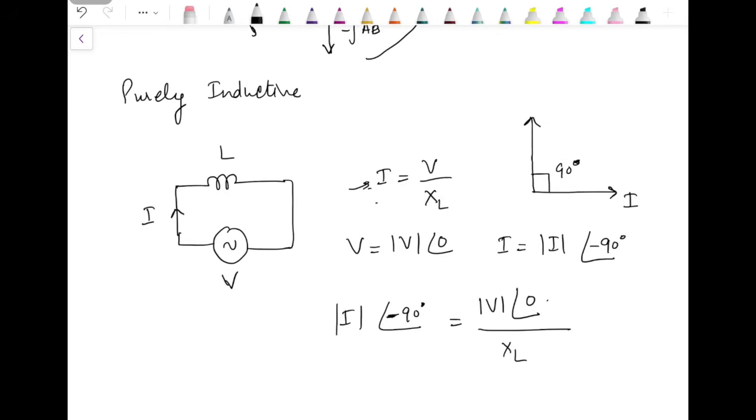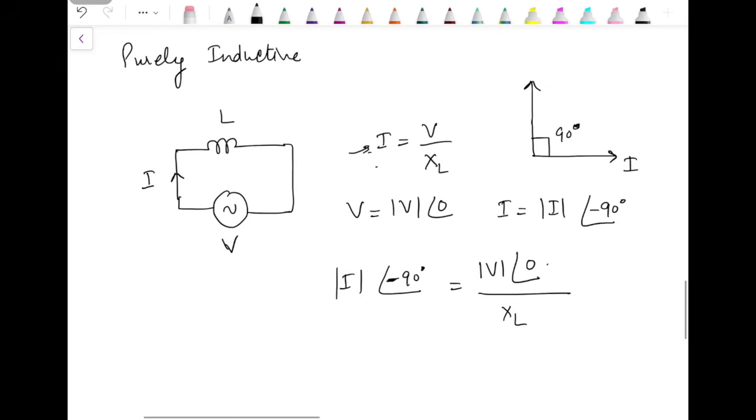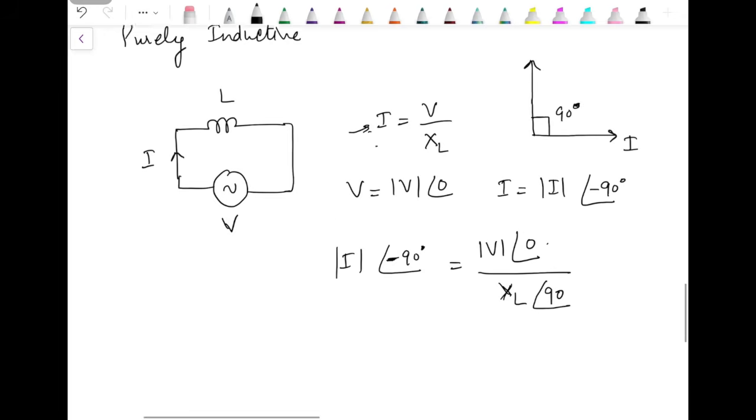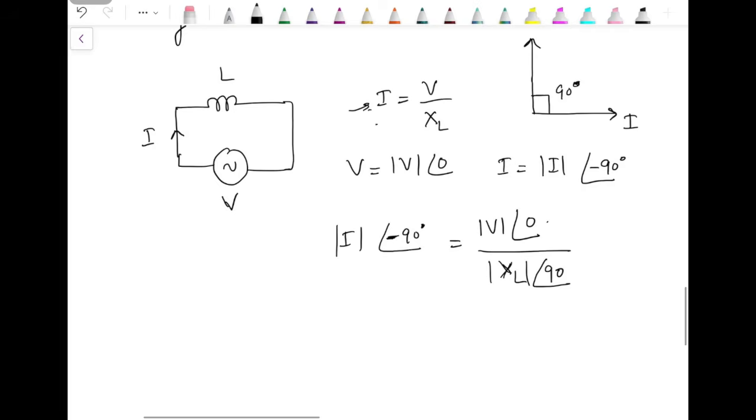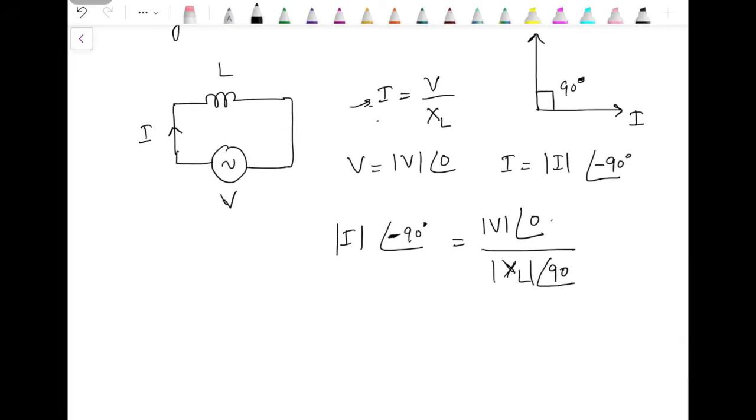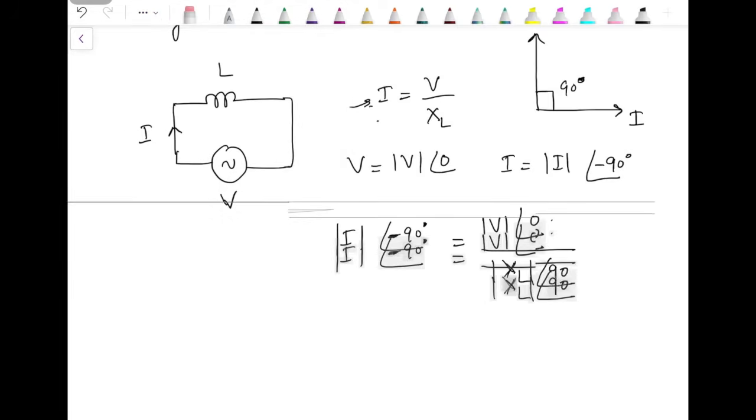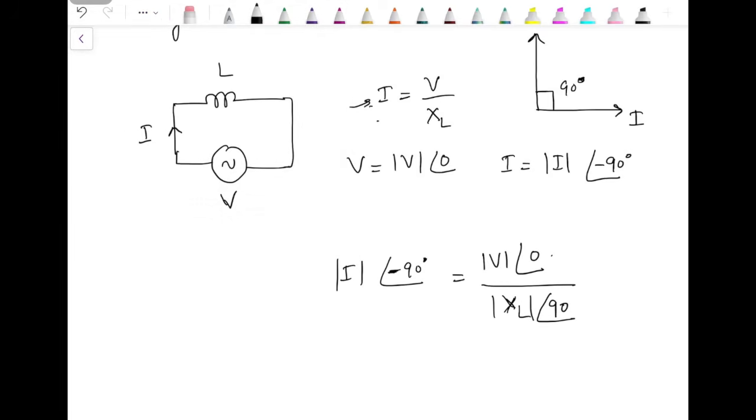From where this 90 degree got introduced? That is actually introduced by considering XL angle 90 degree, and this will be the magnitude. So what we say is that the inductive reactance is written as its magnitude and angle is 90 degree.